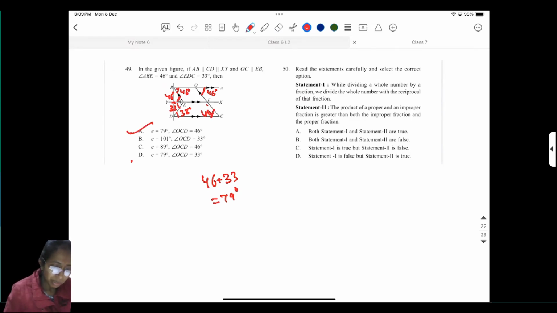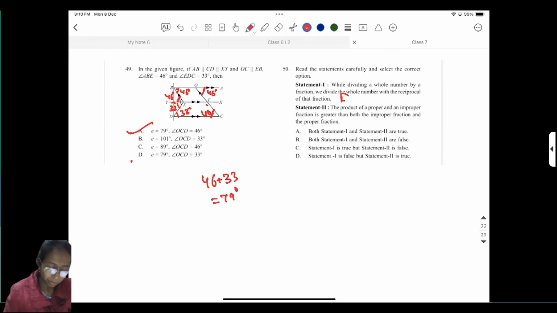Read the statement. Statement 1. While dividing a whole number by a fraction, we divide the whole number with the reciprocal of that fraction. No, we multiply the whole number with the reciprocal of that fraction. So the first statement is false. The product of a proper and an improper fraction is greater than both the improper fraction and the proper fraction.